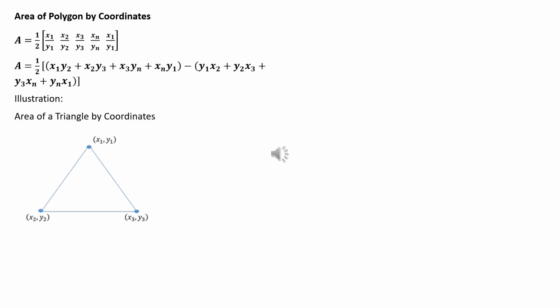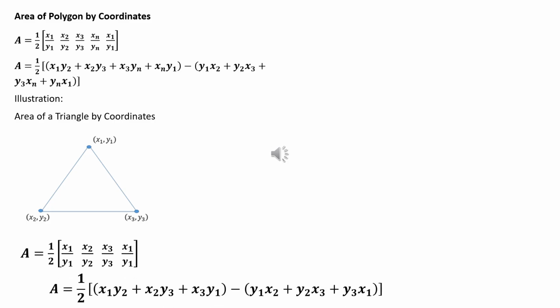And also, we have the area of polygon by coordinates. This formula can be used when we need to calculate the area of any polygon given its coordinates. Included here is also the illustration about the area of a triangle by coordinates, as shown in the figure below.